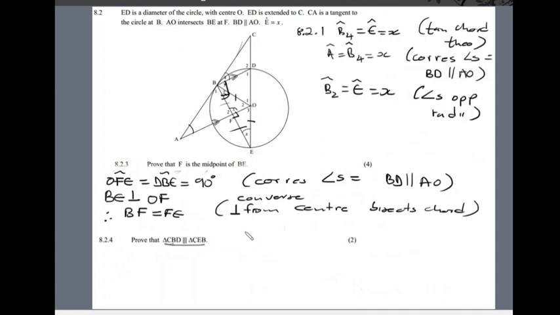So looking at this, I can say CB, which is this, over CE, which is this, is equal to BD over EB. Sorry, BD over EB, right? I hope I'm making sense.